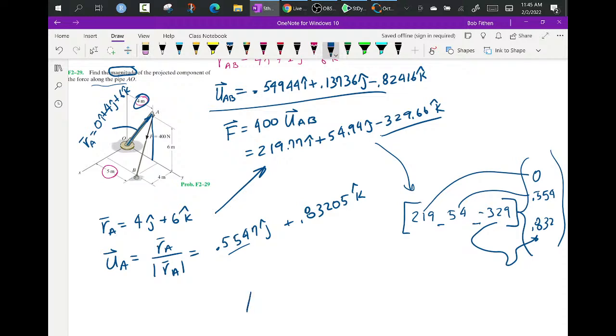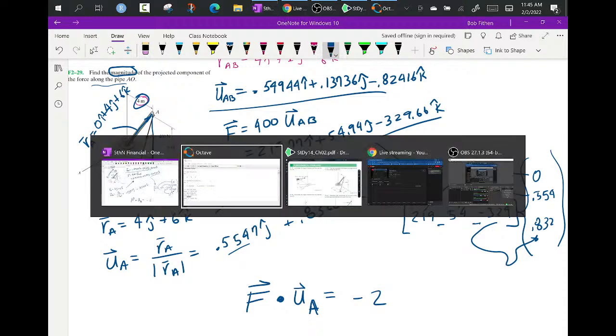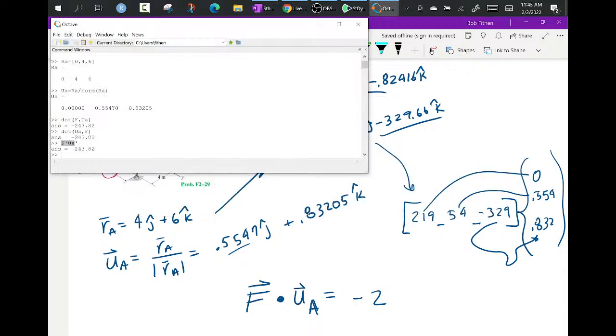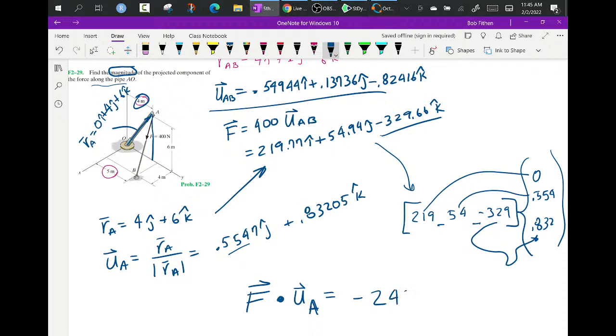So in essence, what I'm saying is, I take that and dot it with any vector, but in this particular case, I'm dotting it with A, and this time I get a minus 2, and 43. Now, with some change. Now, why is it minus?